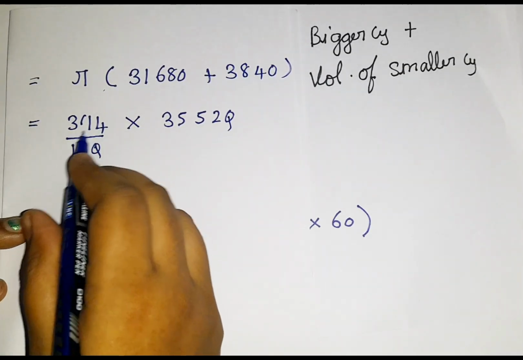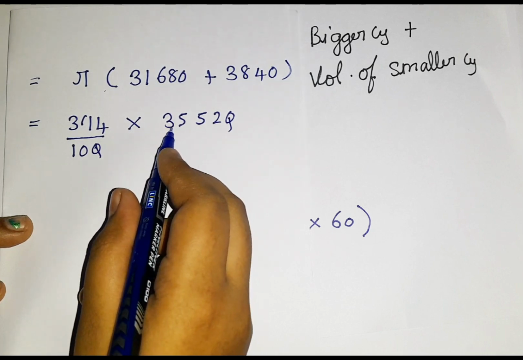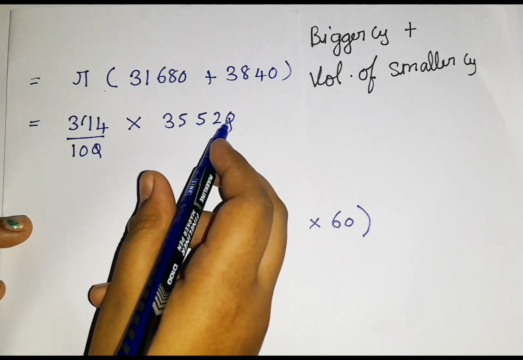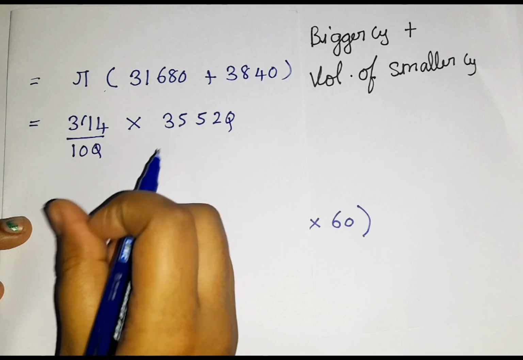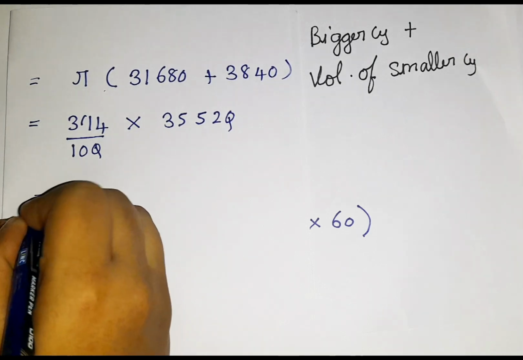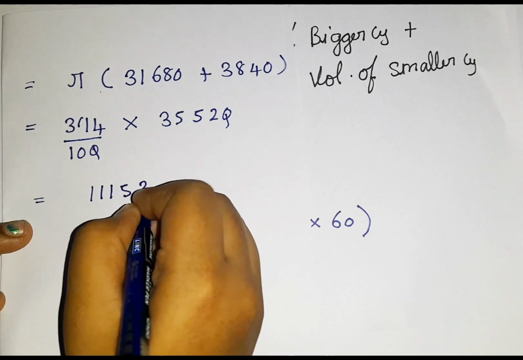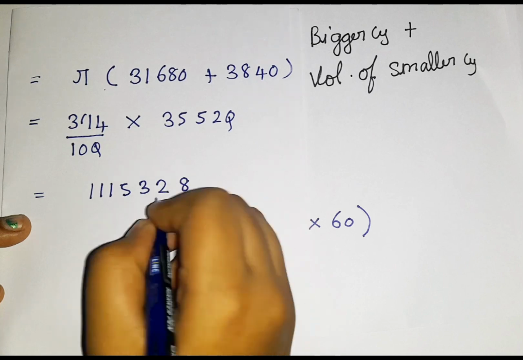So when we multiply 314 into 3552, now the 0 is not included, right, so 3552. So when we multiply them we get this value. Okay, later on we can read the value.